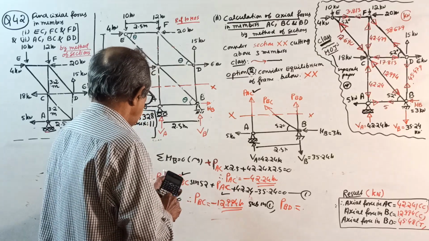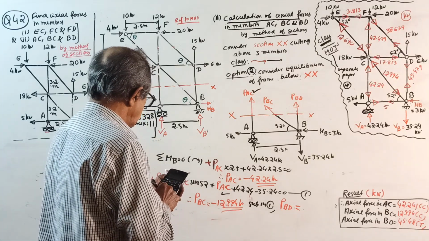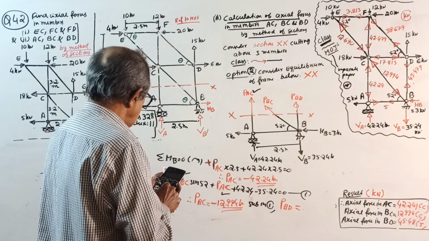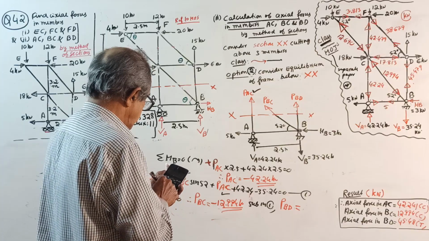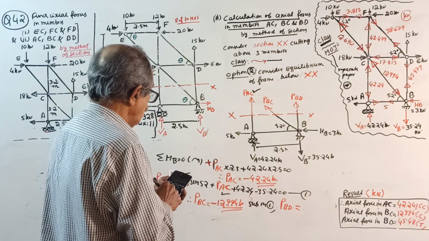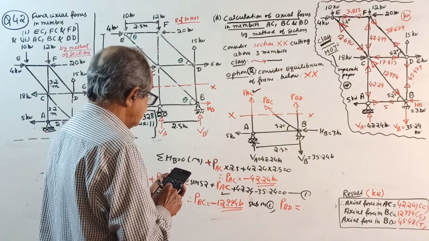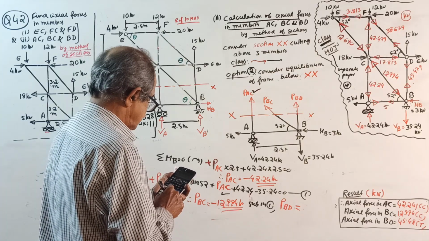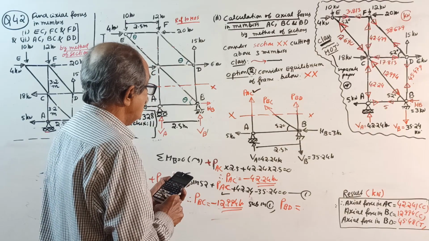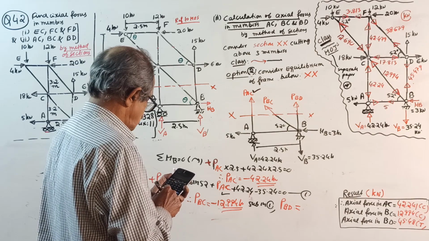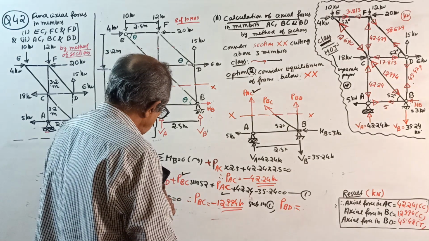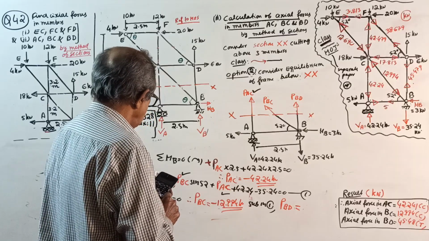PBC is minus 12.994 into sin 52 plus PAC is minus 42.24 minus 35.24, that's all, minus 35.24 plus 42.24 equal to 3.75. How?